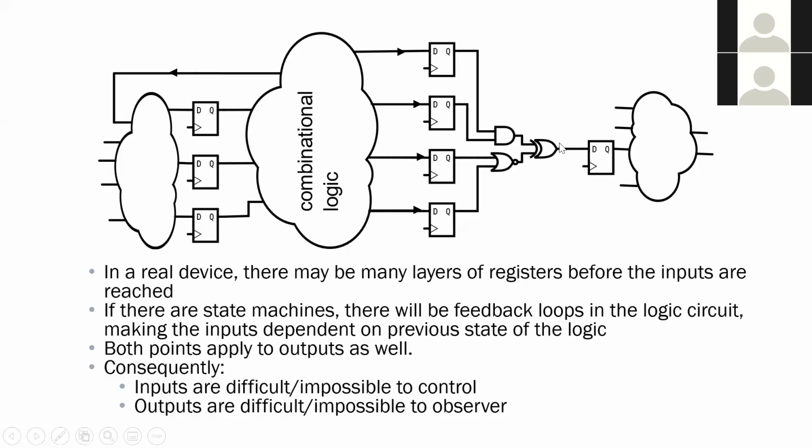So if I want to see what is the output of this XOR gate, it becomes impossible because I have lost observability. I don't have access to it anymore. It's hidden behind many layers of logic. So bottom line is, in a situation like this, inputs of any given piece of combinational logic are difficult or impossible to control, and outputs are difficult or impossible to observe.